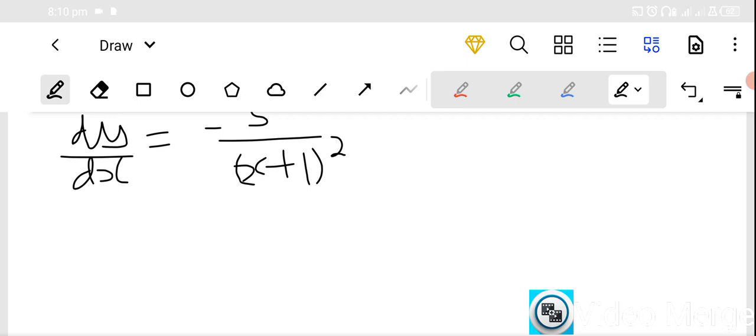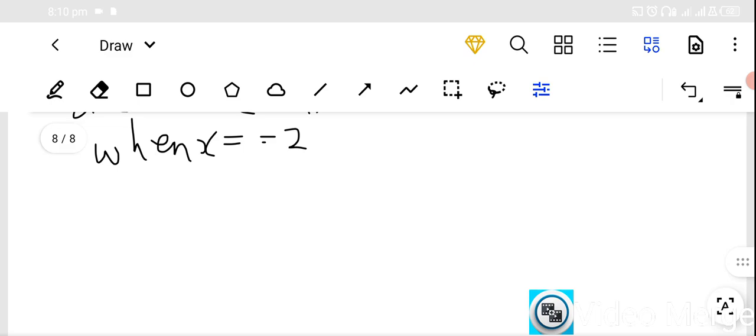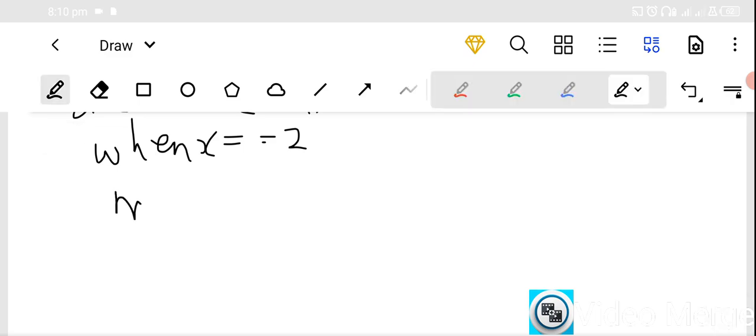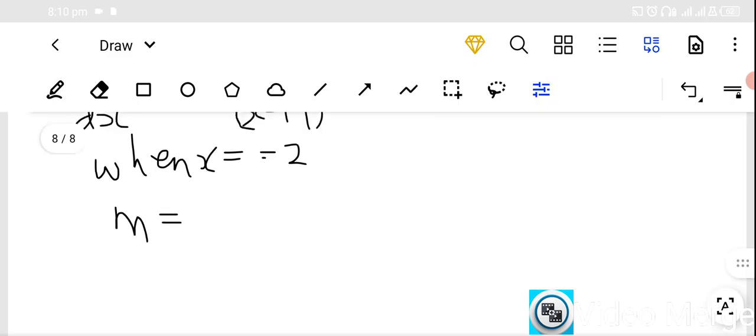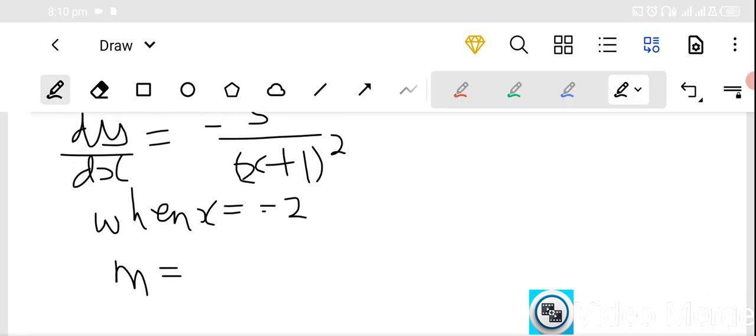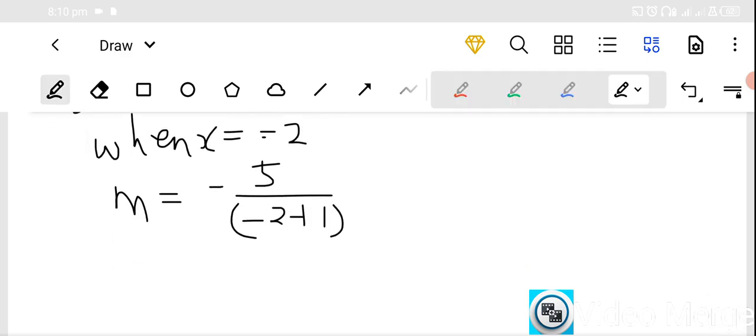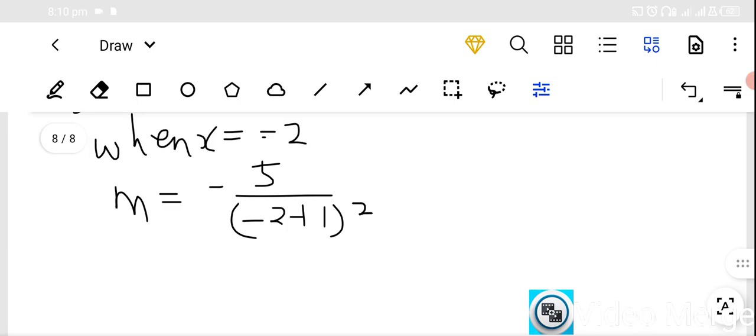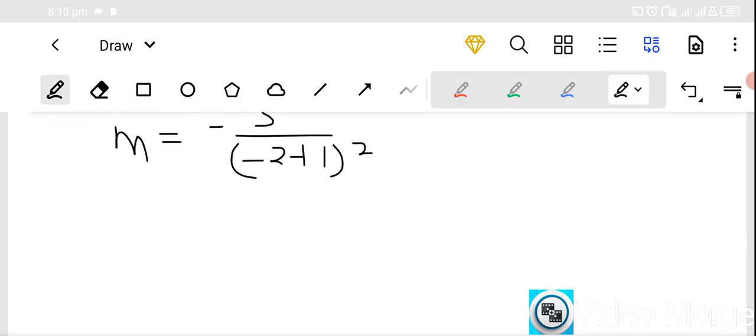So it means you can say when x is equal to negative 2, we want to find the value of m. m is equal to negative 5 divided by (negative 2 plus 1) in parentheses squared.